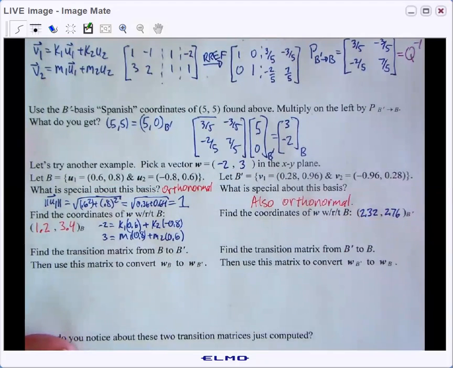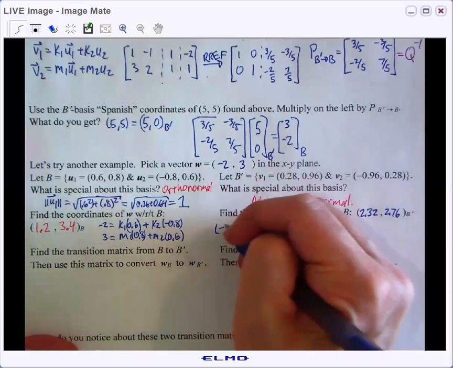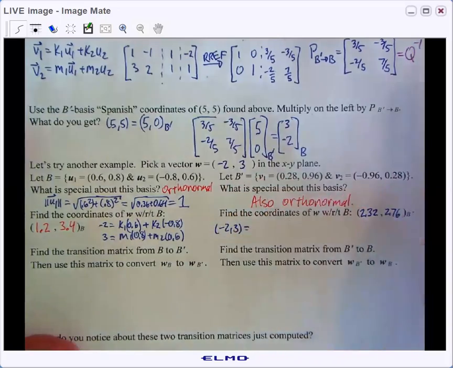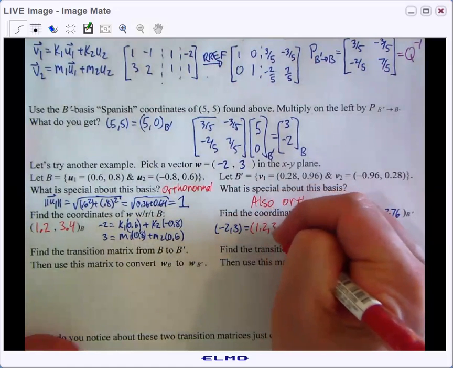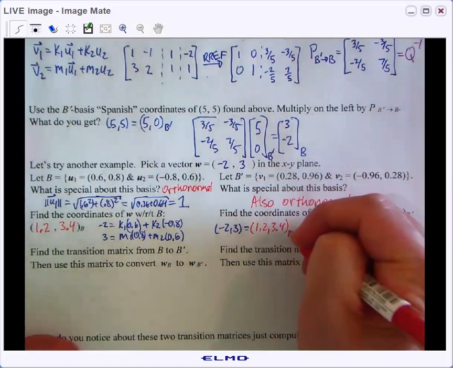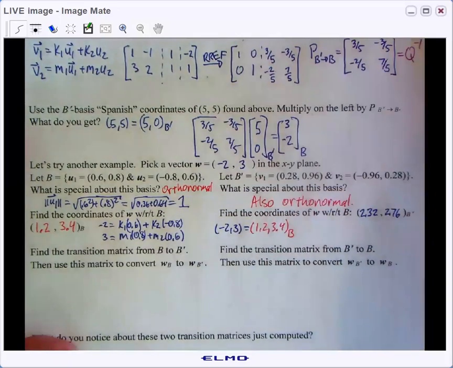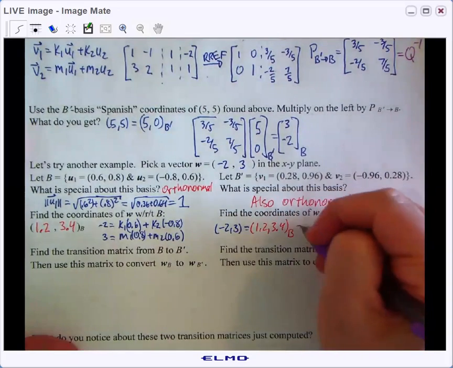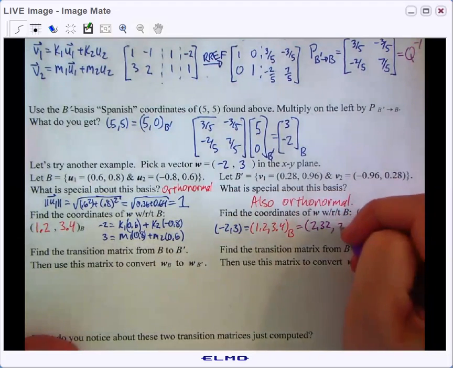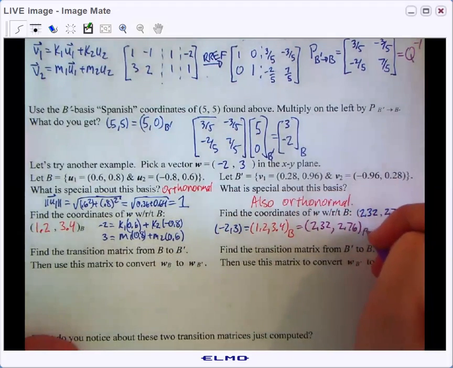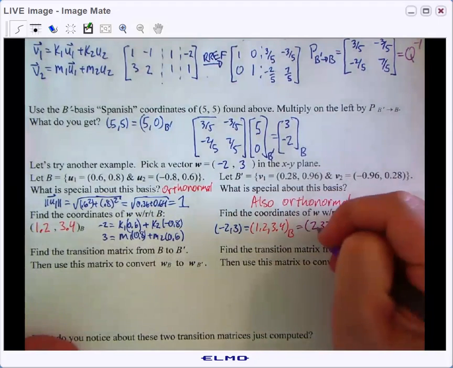Okay. So just as a quick note, -2, 3 is the same point location as 1.2, 3.4 with respect to the B basis, but that is also the same thing as 2.32, 2.76 with respect to the B prime basis.